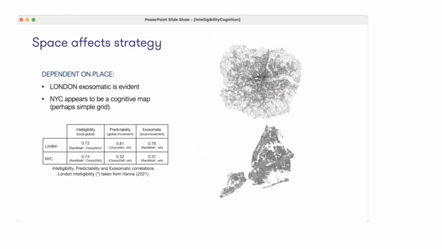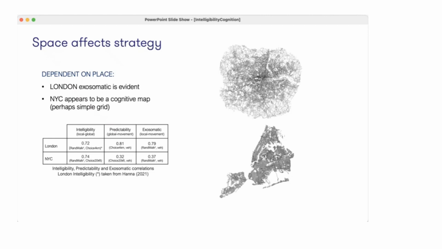It also seems to be dependent on the types of overall maps we have. In London, we've got a map that is quite organic. It's not really possible to easily form a clear mental map of the overall structure, and the axiomatic movement is really evident here. People's actual movement corresponds very closely to those agent movements.